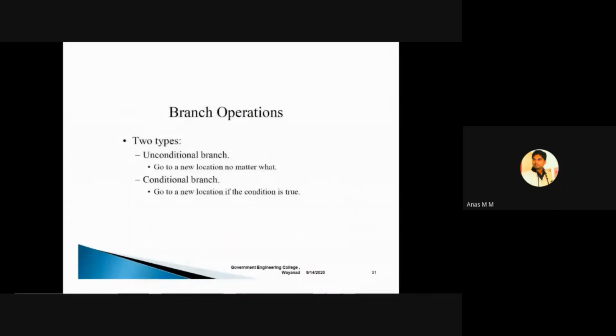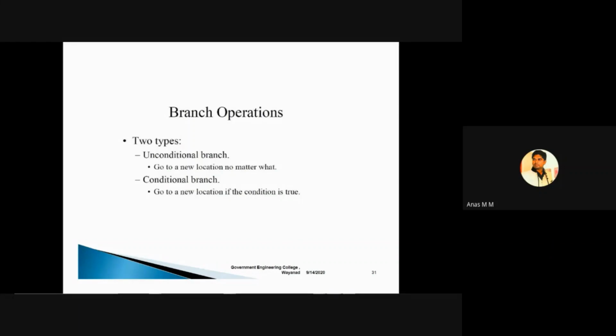Then branching. Usually branching is of two types: unconditional branch and conditional branch. With a condition, we can check a location or else just go to the location. So these are the two types of branching instruction operations.